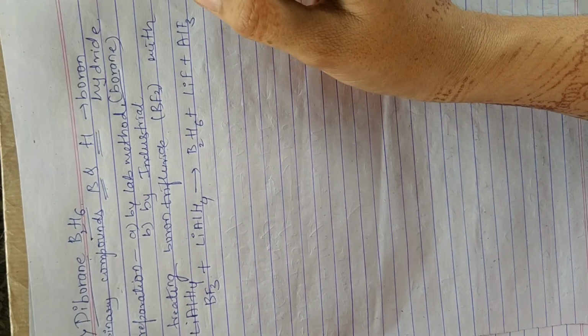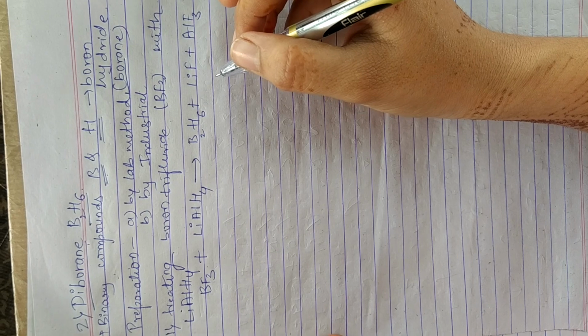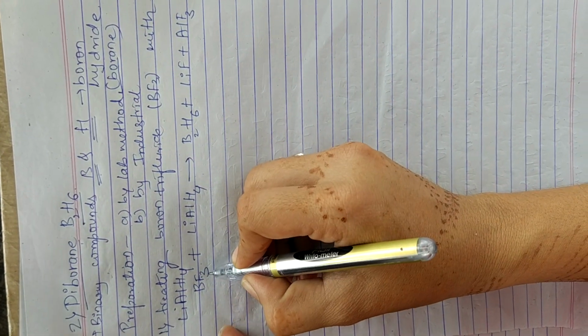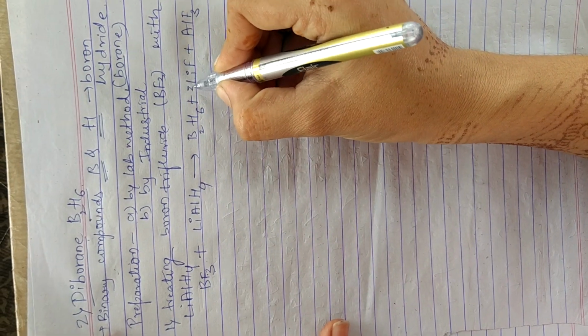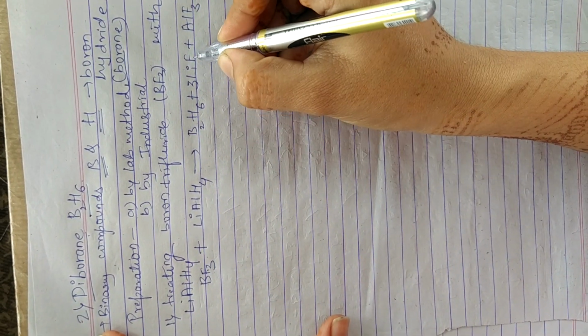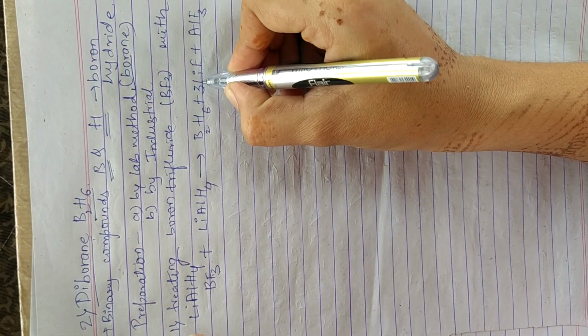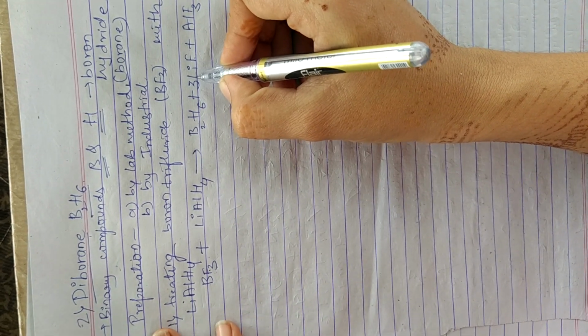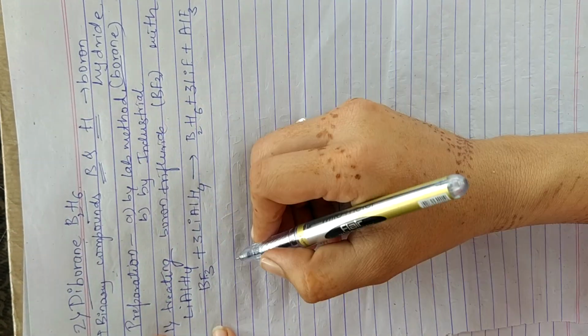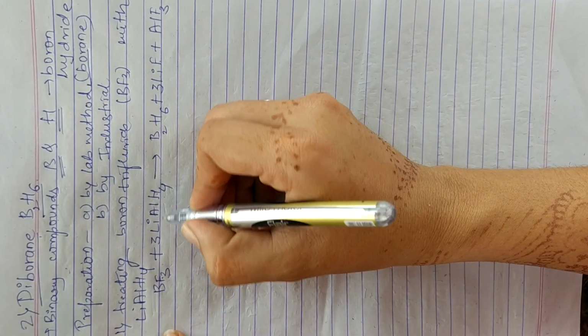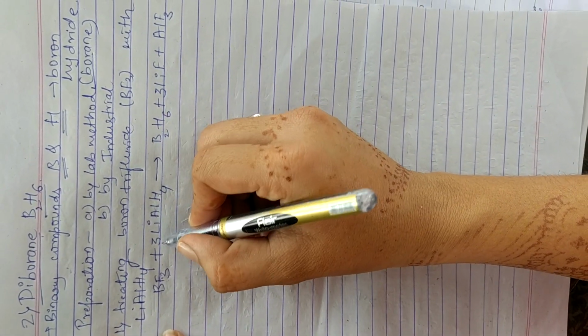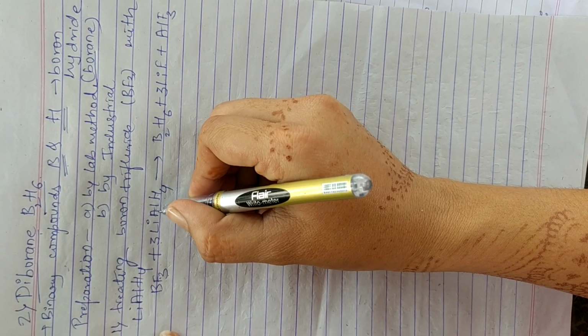Now let's balance this chemical equation. Here 3 molecules of fluorine are there. Therefore, we substitute 3 for fluorine. Now lithium becomes 3, therefore we substitute 3 for this lithium. Now hydrogen becomes 12 molecules. Aluminium also becomes 3.